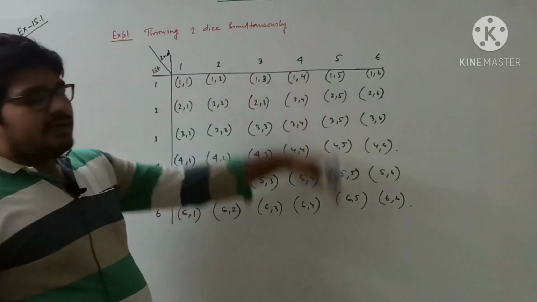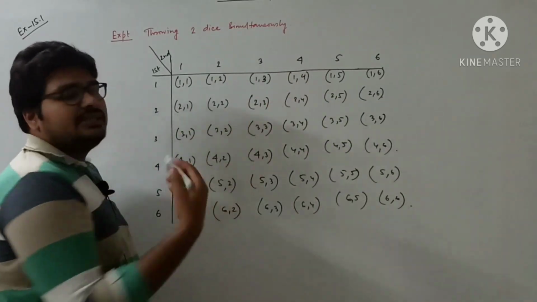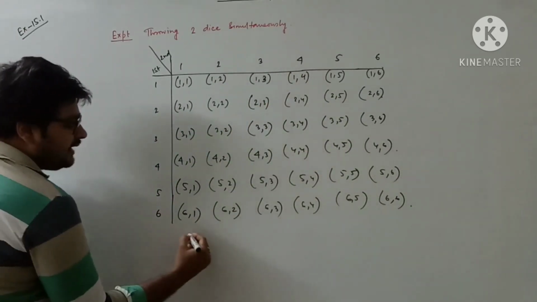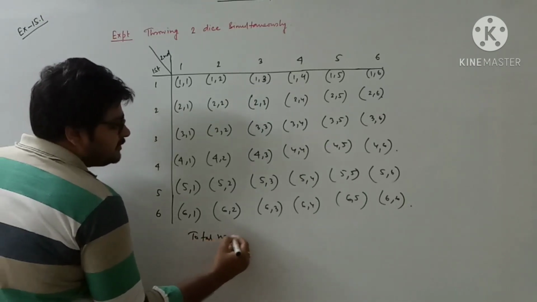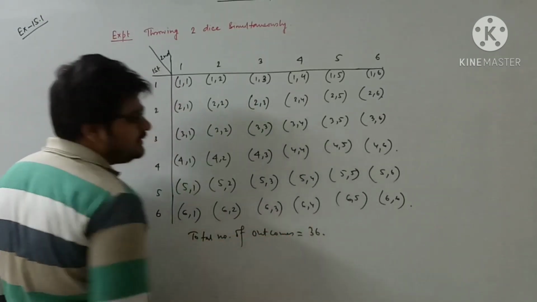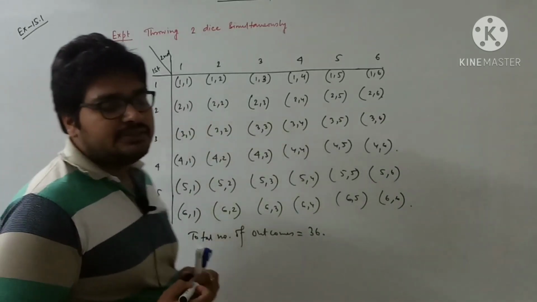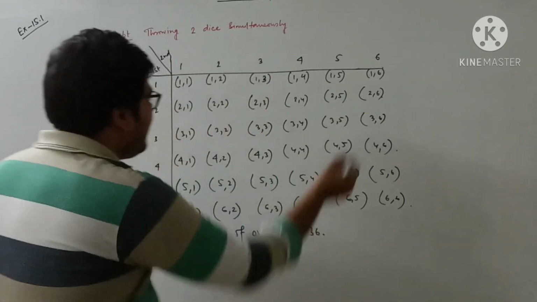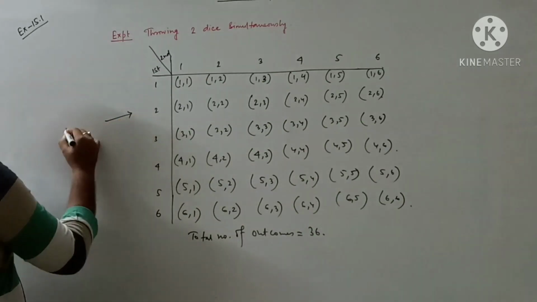So in total how many outcomes? Here 6, here 6, here 6, so there are 36 outcomes. I can write here: total number of outcomes equal to 36. These are called outcomes. And what I have written here is actually the sample space.